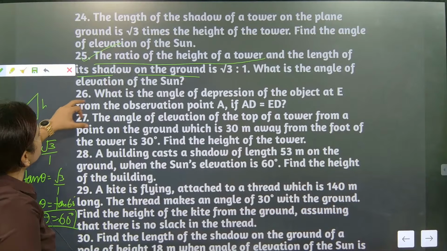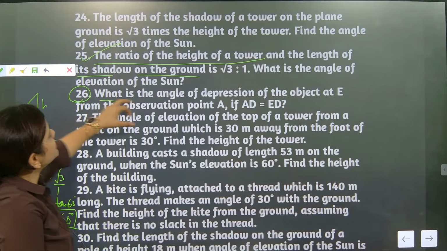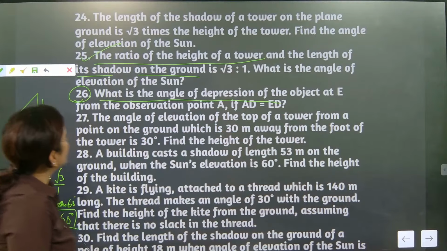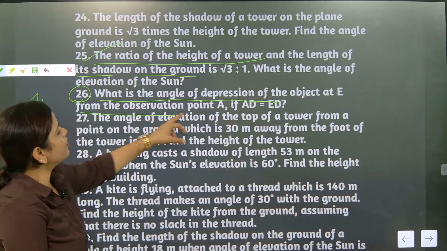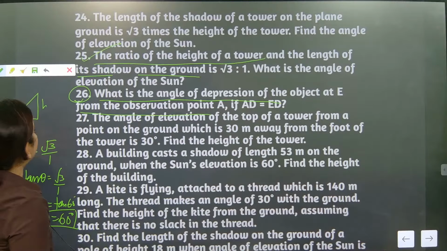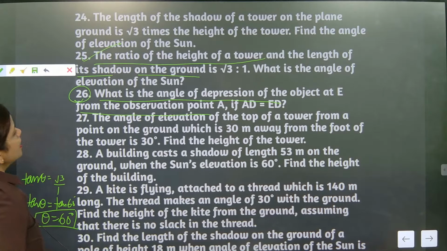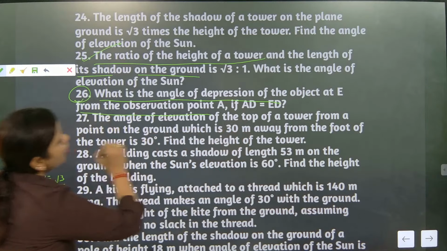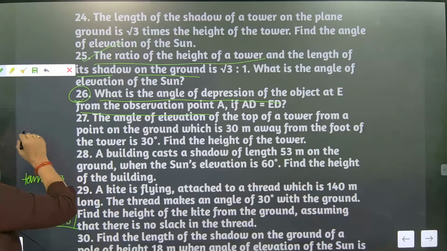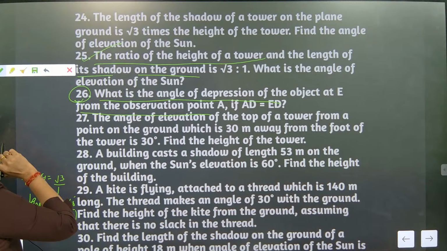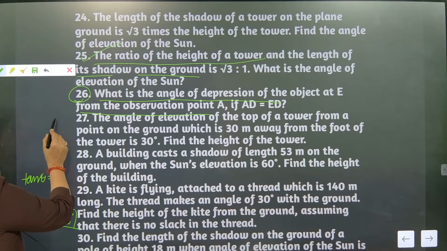Now next question, question 26. What is the angle of depression of the object at E from the observation point A if AD is equal to ED? Angle of depression.